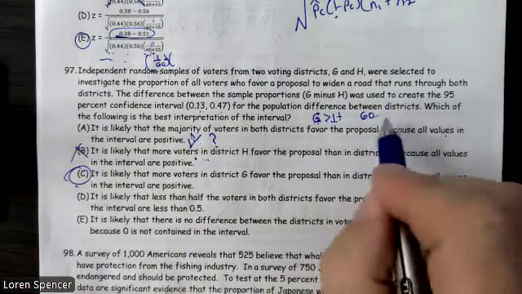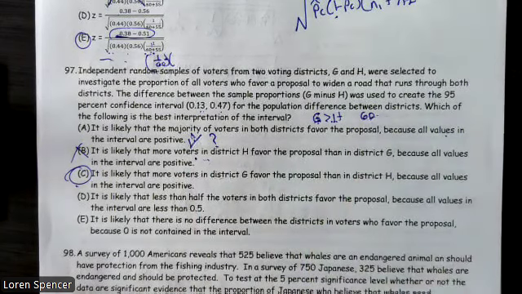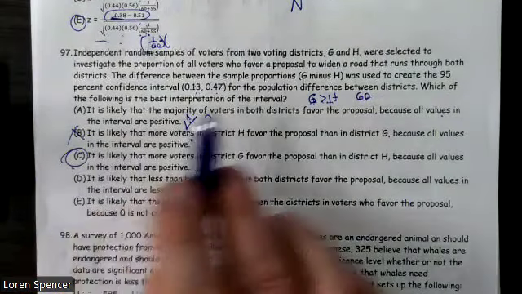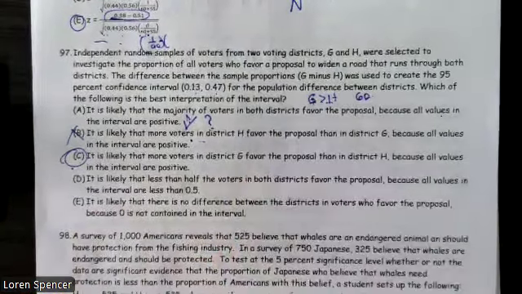So we don't know what group favored there. So the part that we're confident of is that G is bigger than H.